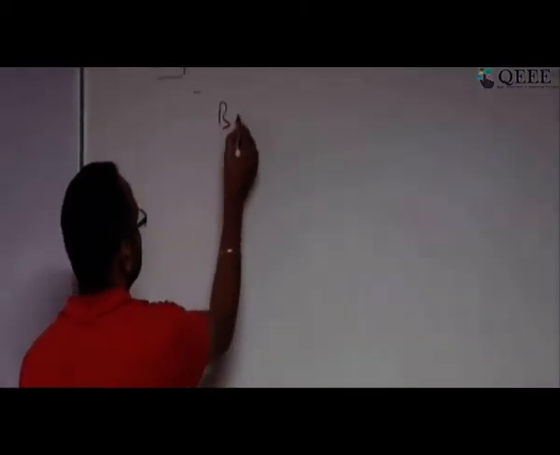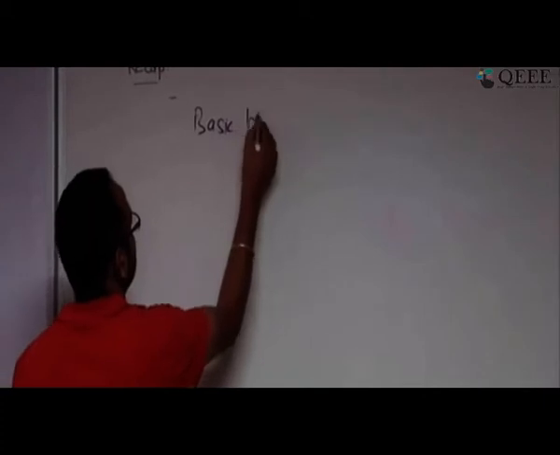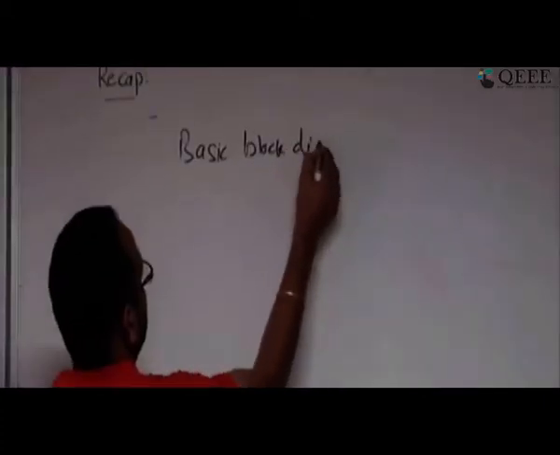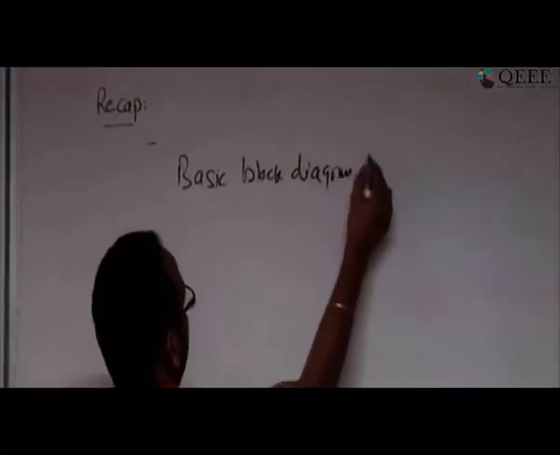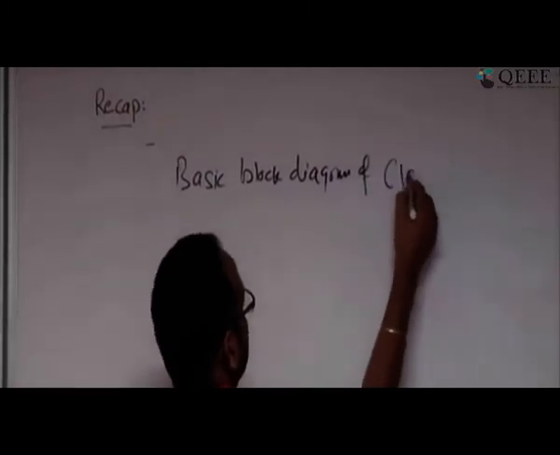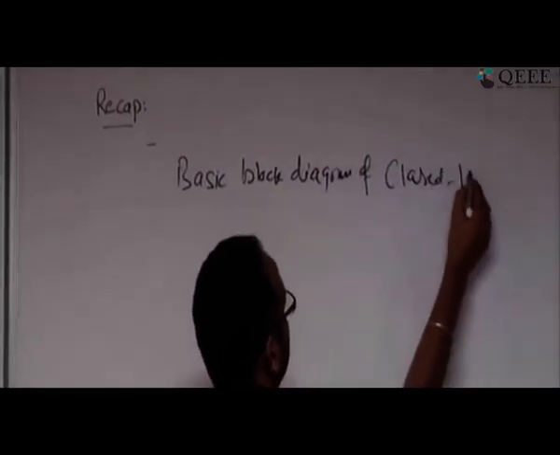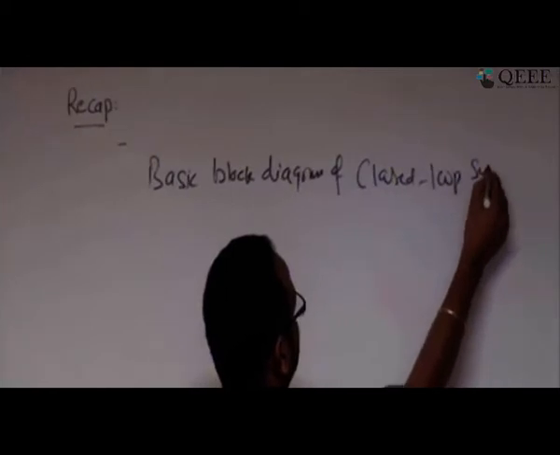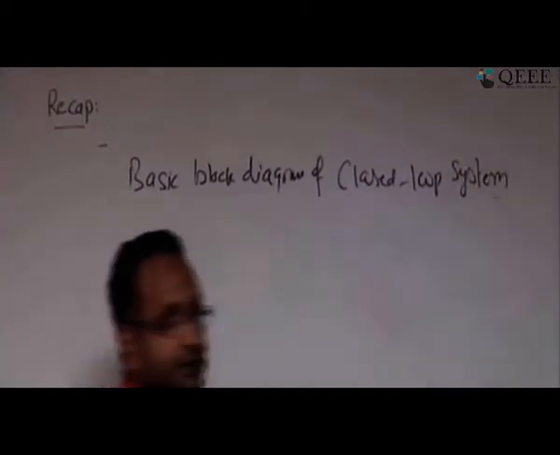Okay. So let me try to recap what we did last class and what concepts we are going to use that will be very useful for the coming classes. First we understood the basic block diagram of any closed loop system.